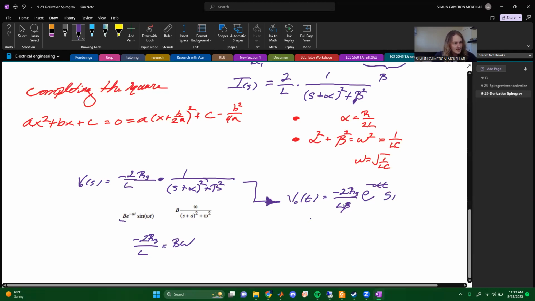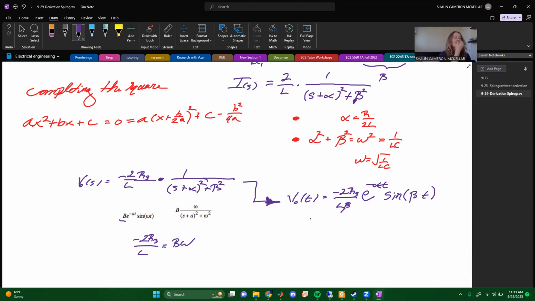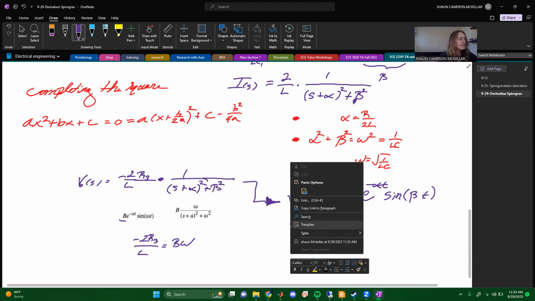And I have the sine of omega t. And here, remember, our omegas are actually betas. All right. So that gets us V naught of t. We're done with that part of the problem.